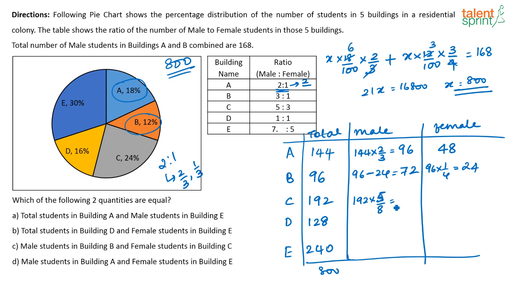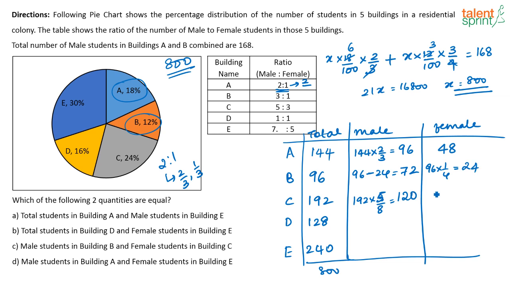When I do 192 into 5/8, I get 120, correct? 24 into 5, 120.